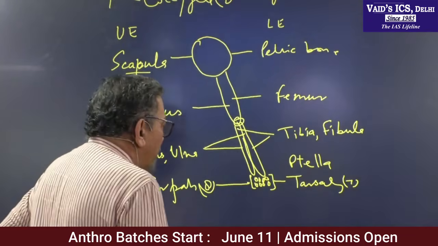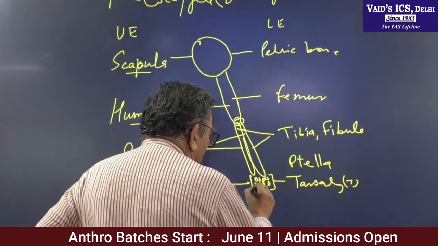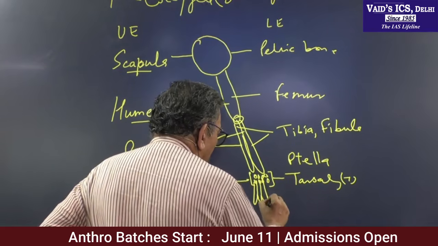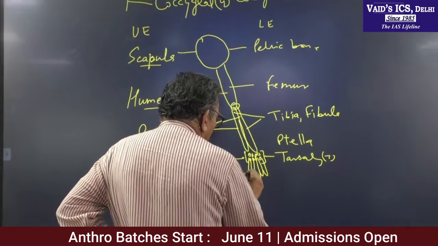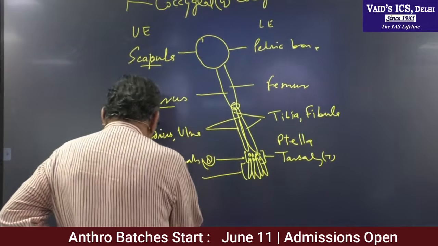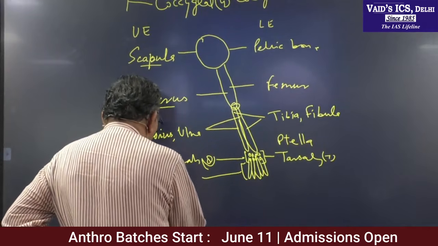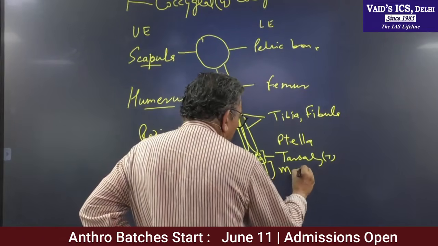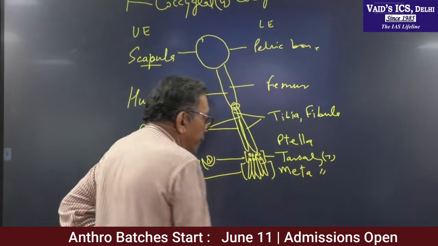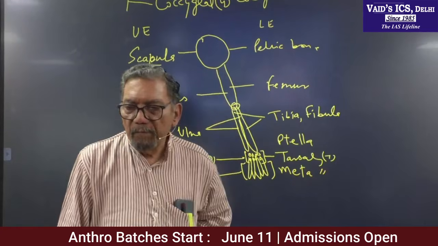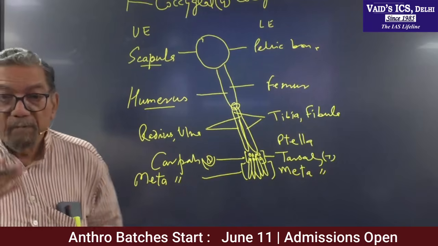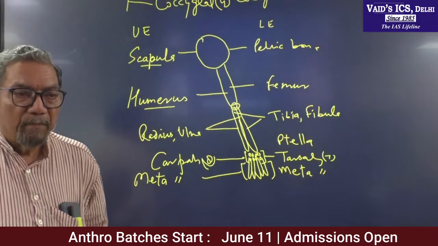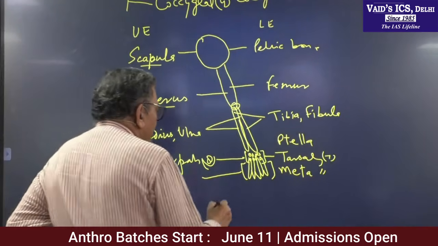Then you have palm and sole. 5 long bones are there. They are called metacarpals. They are called metatarsals. And then fingers.